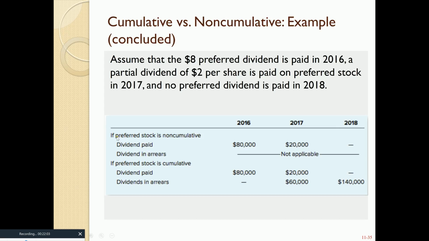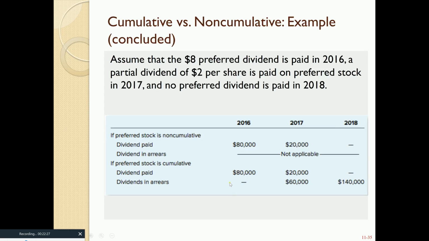That means if the preferred stockholders are non-cumulative, and in year 1 we paid out the full $80,000, that's good. It's paid out and there's nothing in arrears. If preferred stock is cumulative, we paid it fully out, so there's nothing to carry forward. That's what dividends in arrears means.